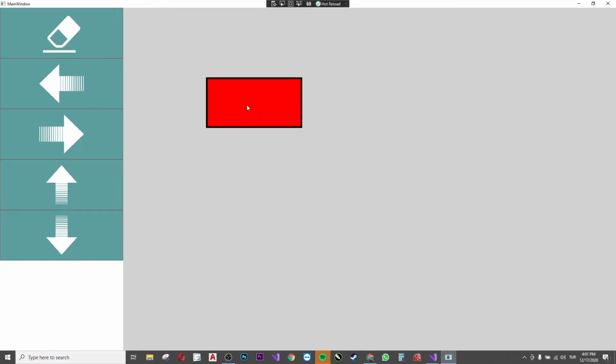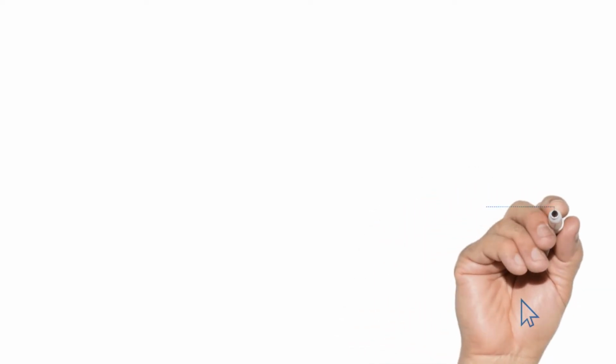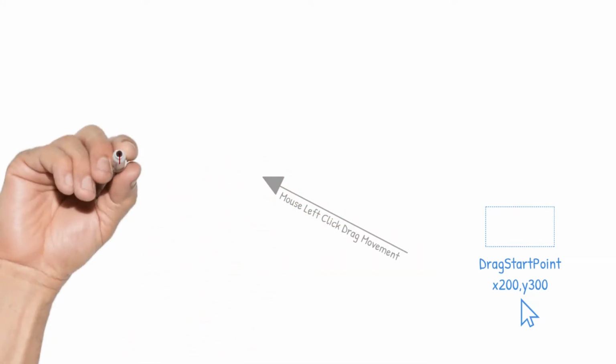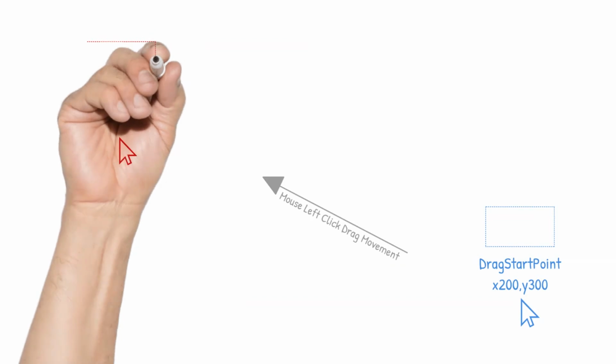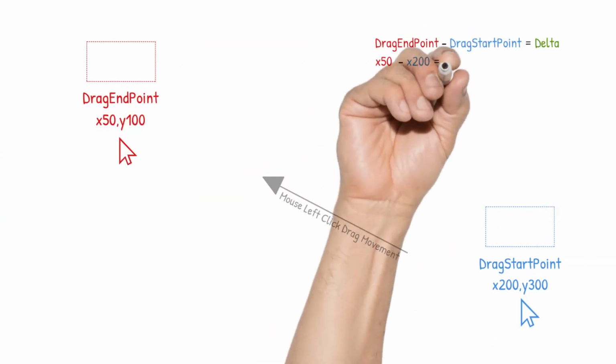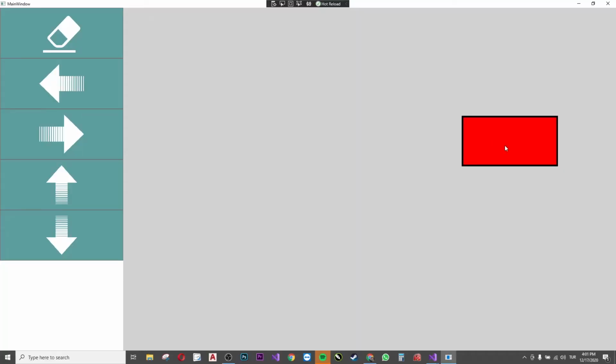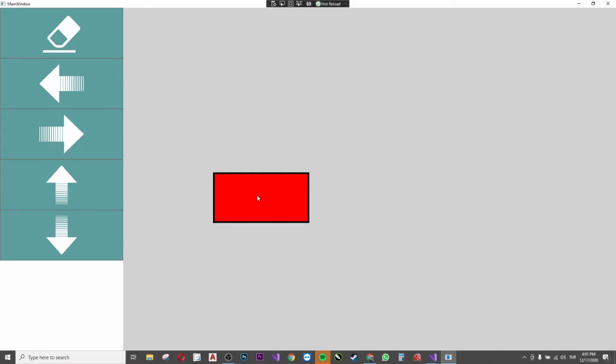As you remember in the code, when I click on it, it saves the location of the mouse and it saves the clicked object, and when I move it and at the mouse up event I release it, it calculates the distance between the first click and the second click, and then it modifies the location of the object by adding the difference between the two cursor locations to the object location. But I'm not satisfied with this.